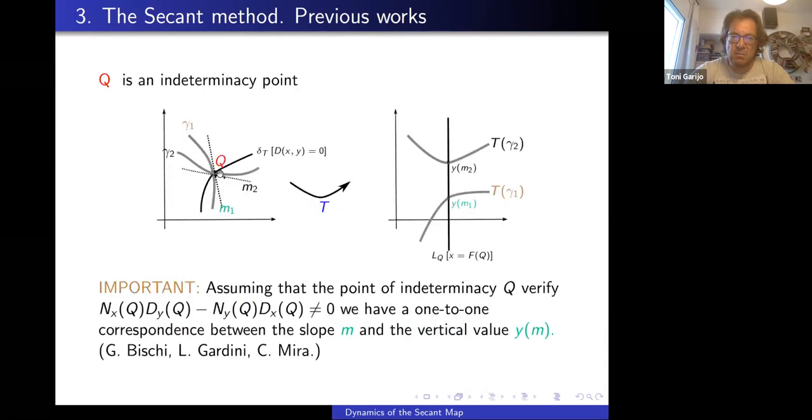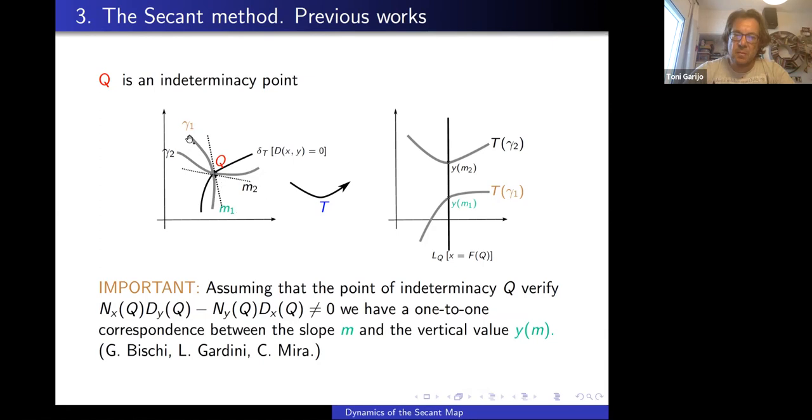Here Q is an indeterminacy point. I show here the curve Delta. So at Q the denominator is 0, but the fact that characterizes Q is that both numerator and denominator are 0. Suppose that we have a curve, gamma 1, crossing Q with one slope, for example M1.